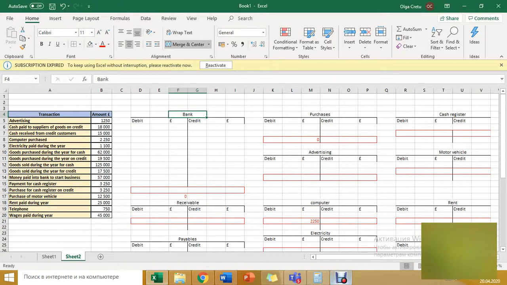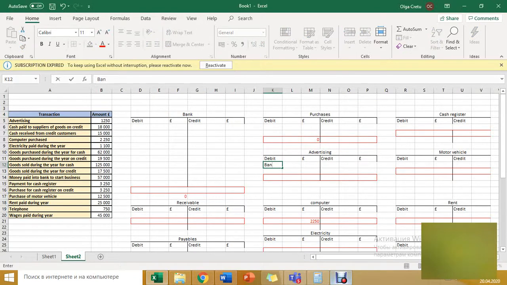Now we have the first transaction, which is the advertising. We said that advertising is an expense, right? So since the advertising is an expense, we have here the account of advertising, an expense. The expenses are always going to go under the debit account.